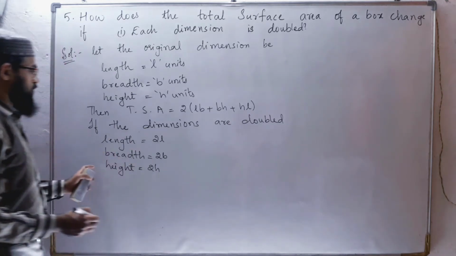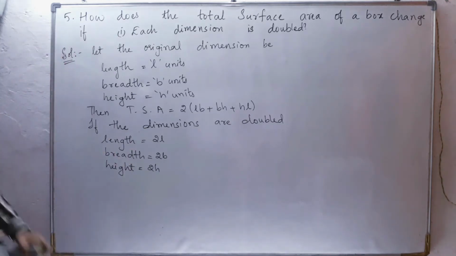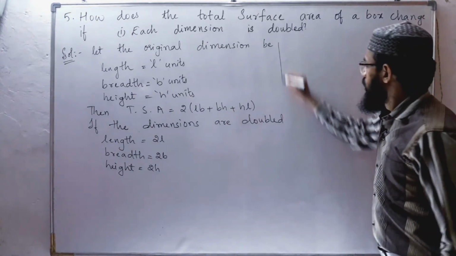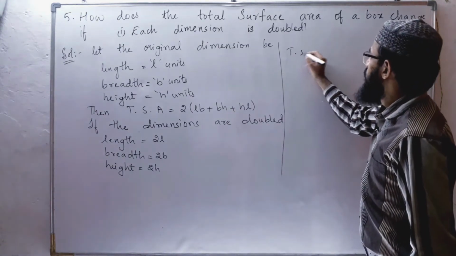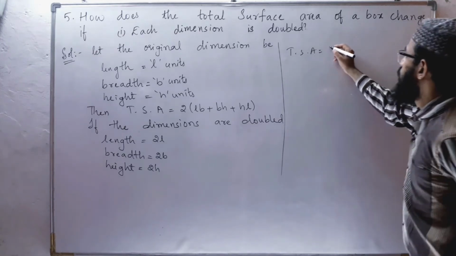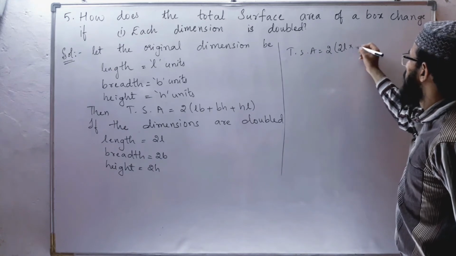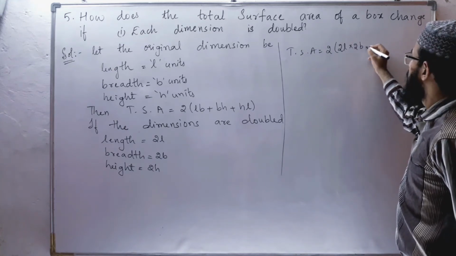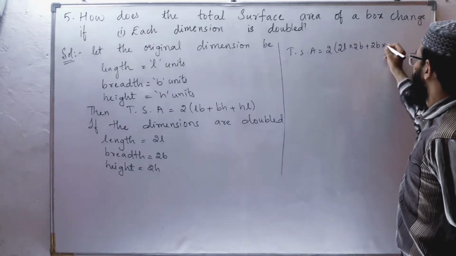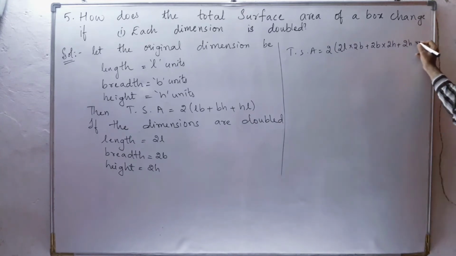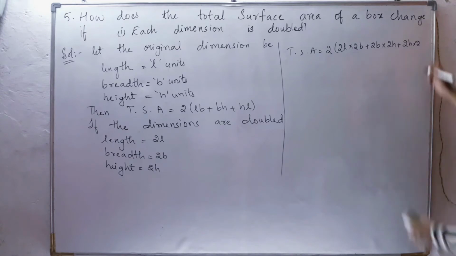Now we are going to substitute in the total surface area. Then total surface area is equal to 2 into (2L into 2B plus 2B into 2H plus 2H into 2L).